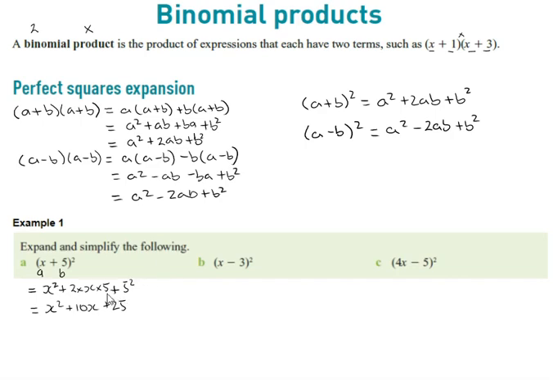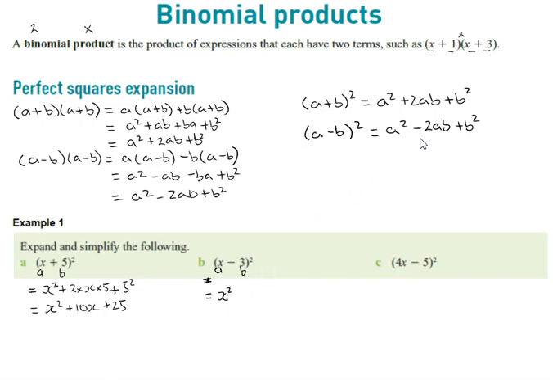I would not normally do this step here because once you get enough practice, you should be able to write it down like this. So let's look at the second one. I'm going to write an A underneath my x, a B underneath my 3. This is in the form of my second one, A minus B all squared, x minus 3 all squared. My A is my x, so for A squared, I'm going to write down x squared.